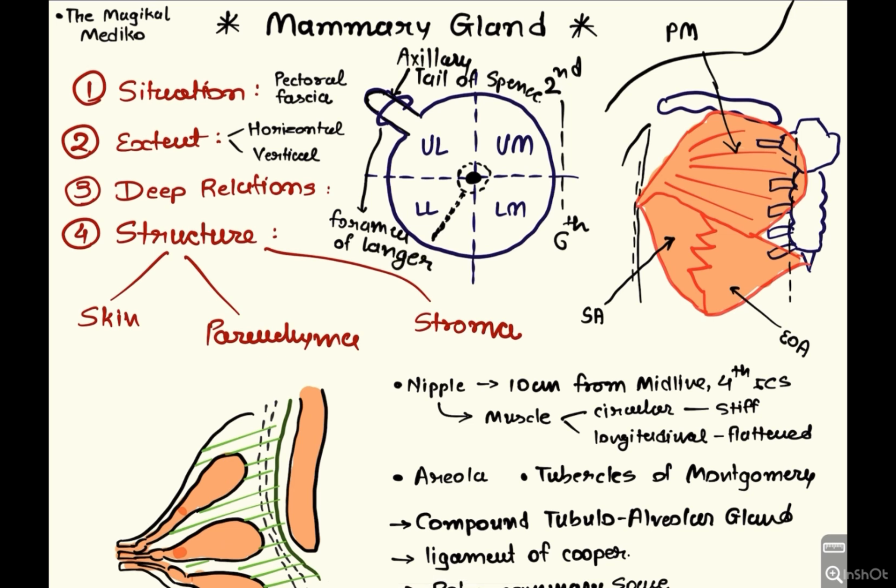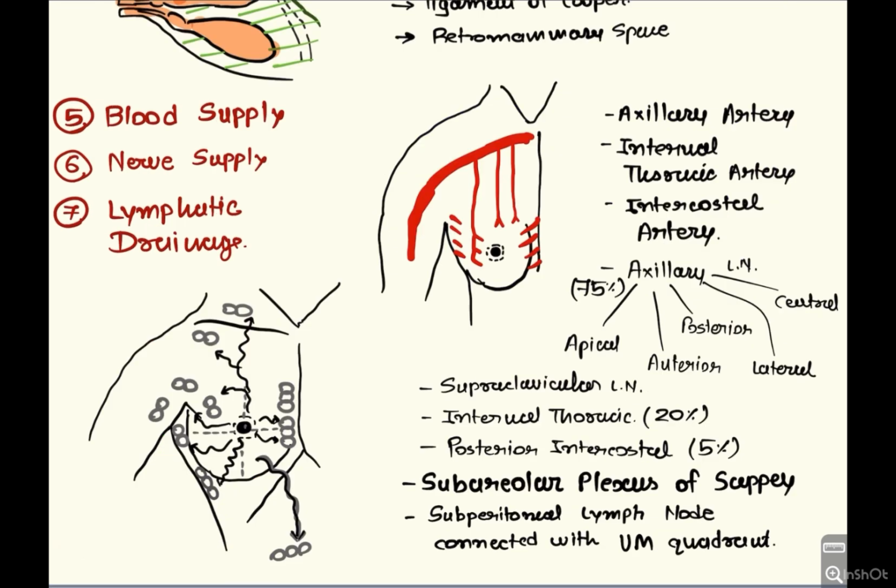So this was about the situation, extent, deep relations, and structure of the mammary gland. The mammary gland is supplied by some arteries. There are three main arteries: the axillary artery, internal thoracic artery, and the posterior intercostal artery. This is the axillary artery.